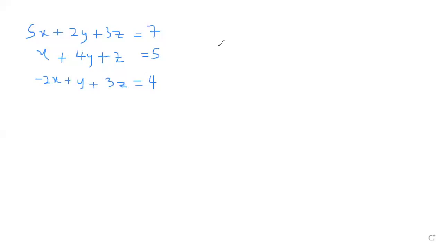First, we said you need to write it in the general form. So the coefficient matrix, we have 5, 1, -2, 2, 4, 1, 3, 1, and 3.